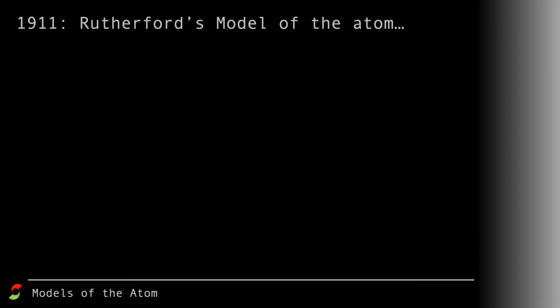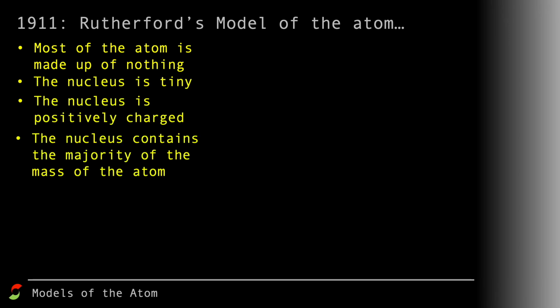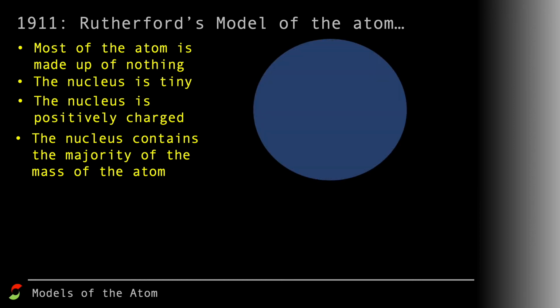So this led to Rutherford's model of the atom based on these four conclusions: that most of the atom is made up of nothing, the nucleus is tiny, it's positively charged, and contains the majority of the mass of the atom. So we've got our atom and a tiny nucleus inside it, but these aren't drawn to scale.